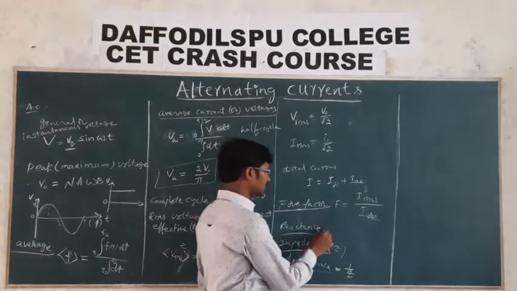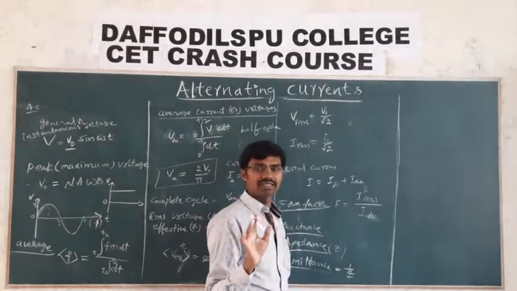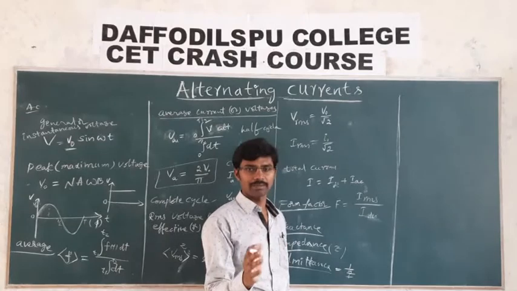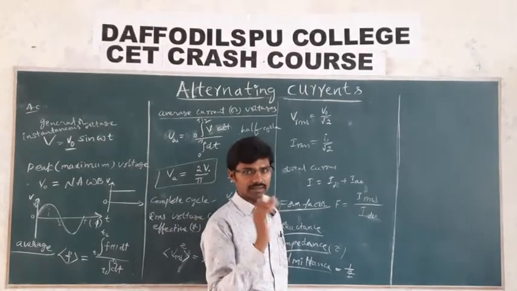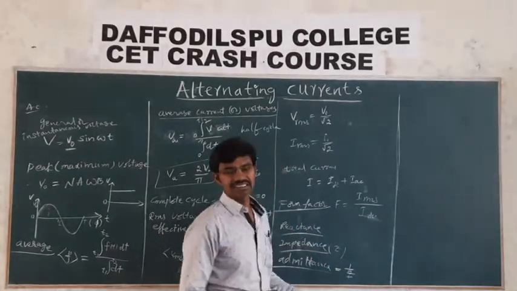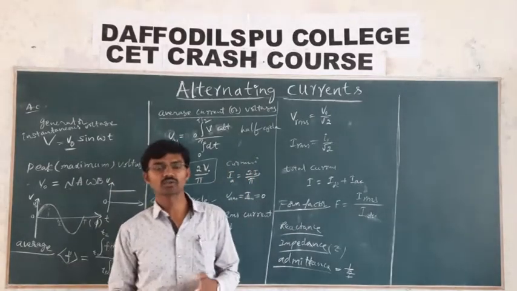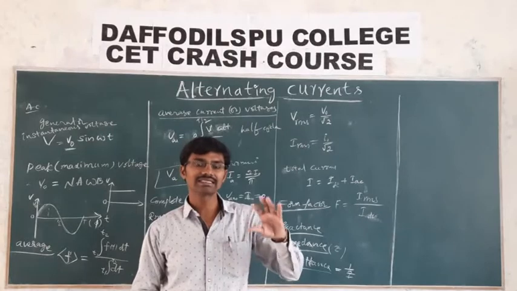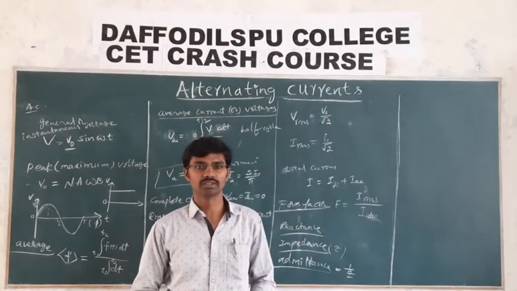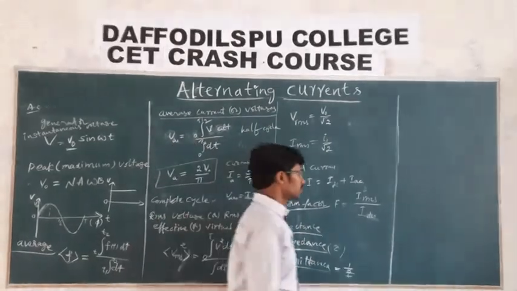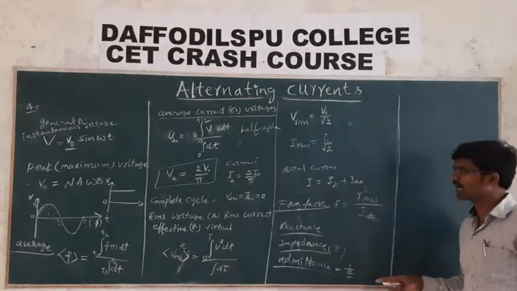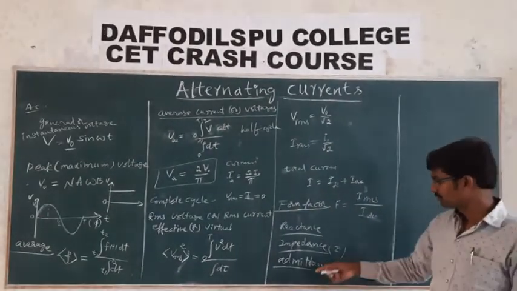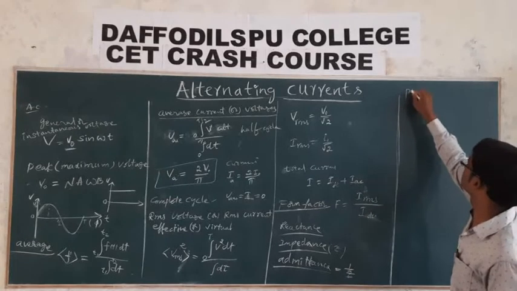Reactance is the opposition offered by components like an inductor or capacitor in a circuit. Whereas impedance is the opposition offered to the flow of currents or voltages in an LCR series or parallel circuit.